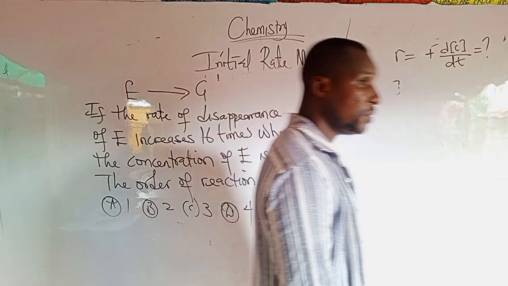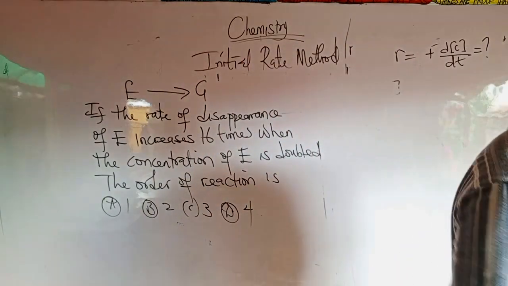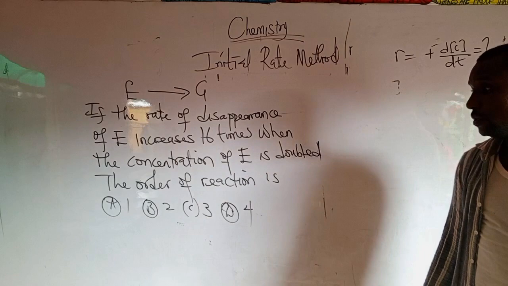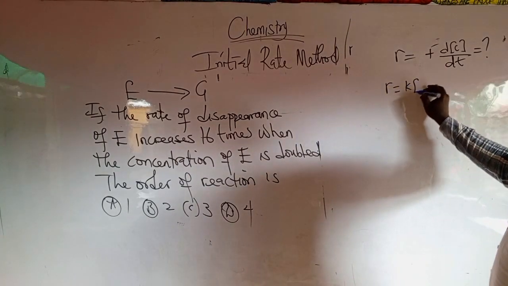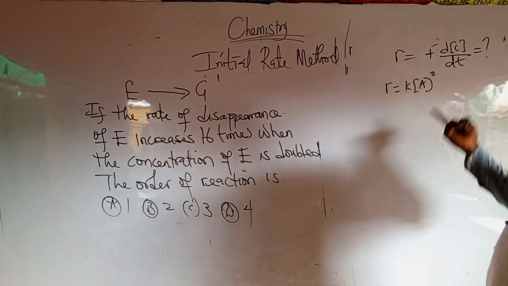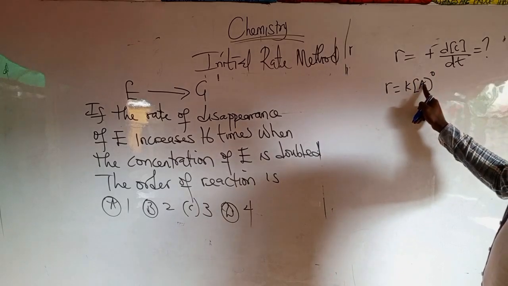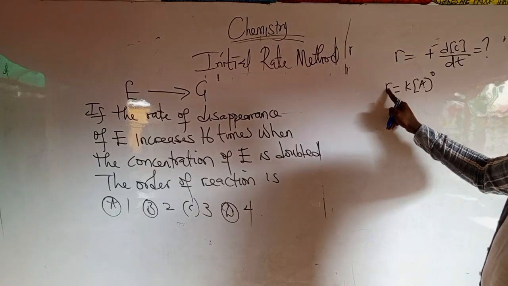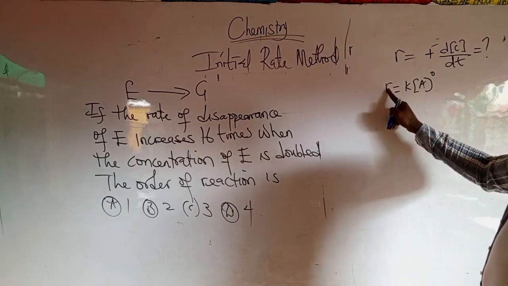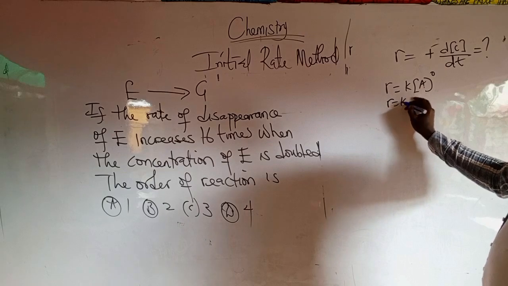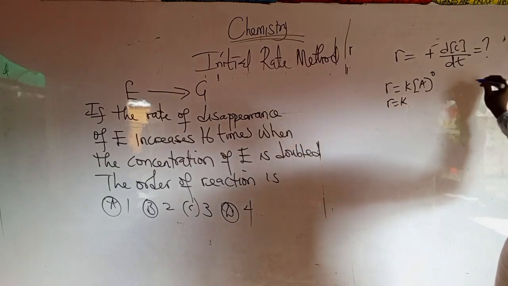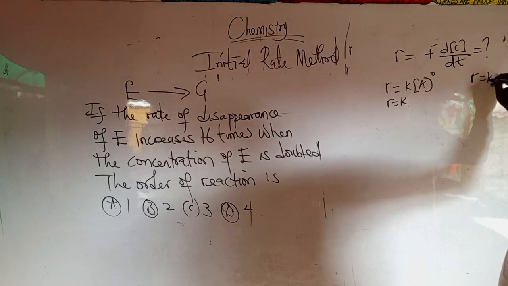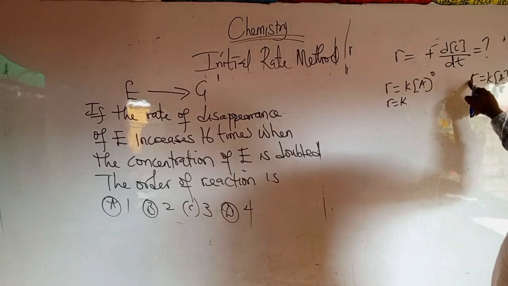Very simple. You don't need to waste your time. I told you, R equals K A, zero order. When this is doubled, it has no effect on the rate of reaction, because under zero order, rate of reaction does not depend on concentration. Under first order, when concentration is doubled, rate of reaction is also doubled.